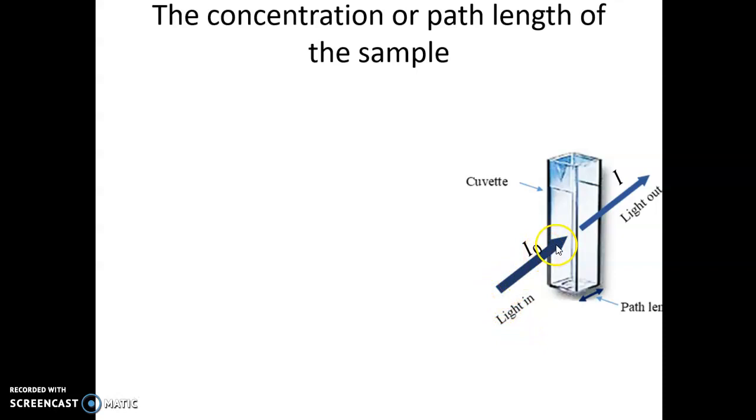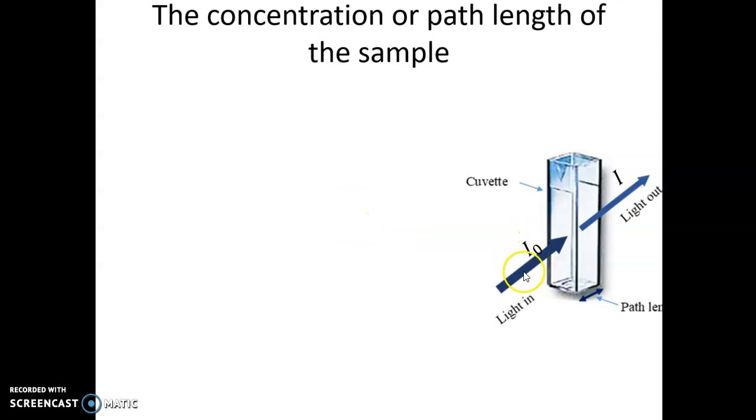Light is passed through, and then some part of the light is absorbed, and then we observe the light that comes out of the sample. The concentration talks about the amount of substance present in the sample, and then the path length deals with the dimension of the cuvette.